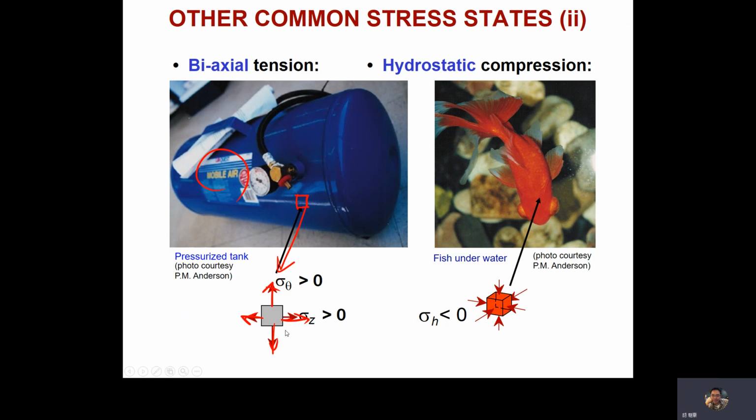Of course, if you were a goldfish, you would feel what kind of stress on your whole body. This stress is called hydrostatic compression. If you are a fish, you will feel the hydrostatic compression.